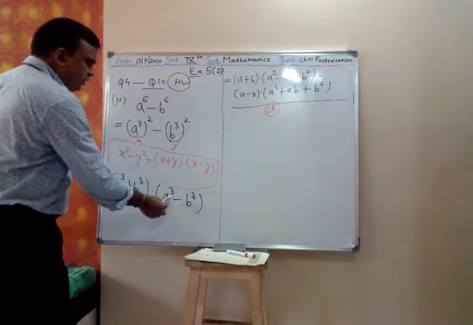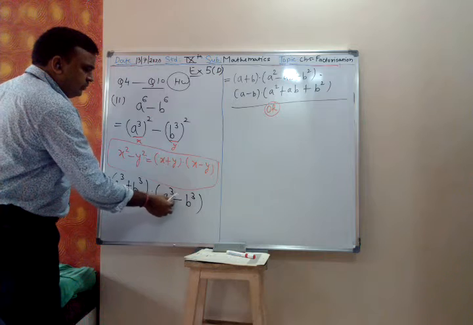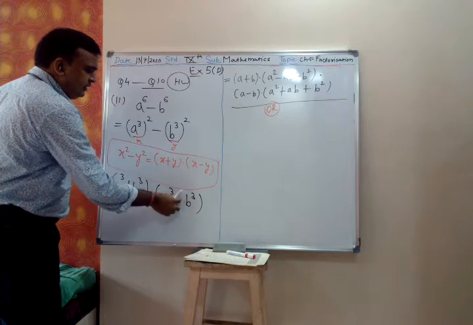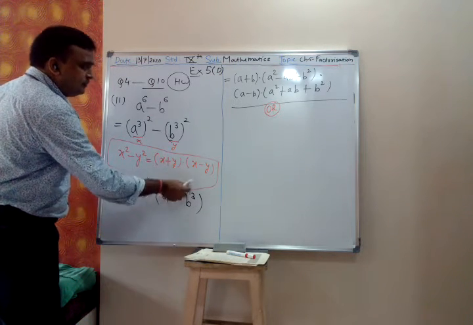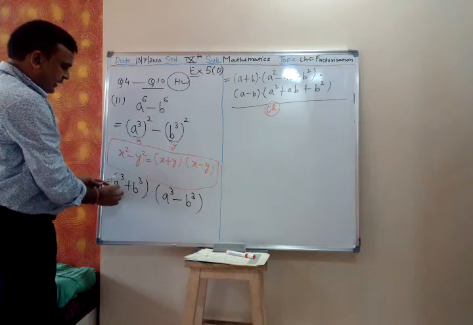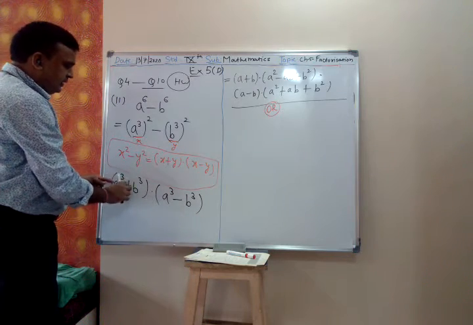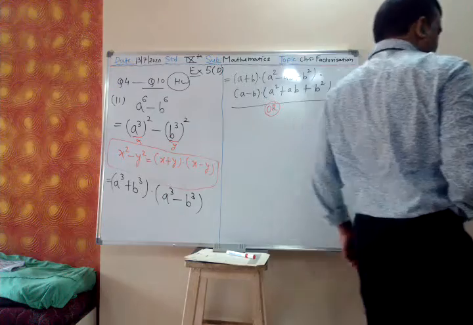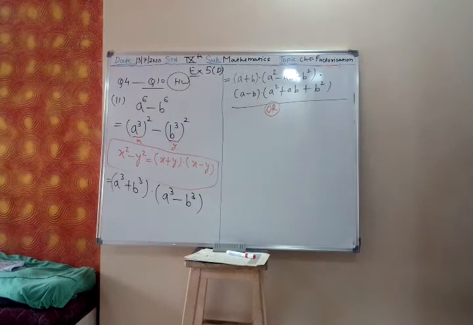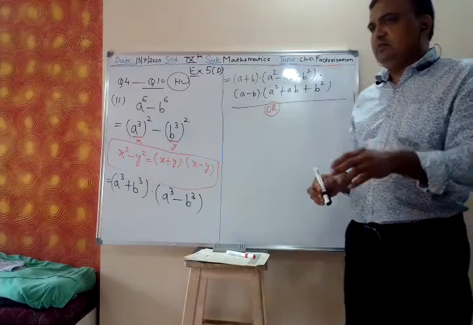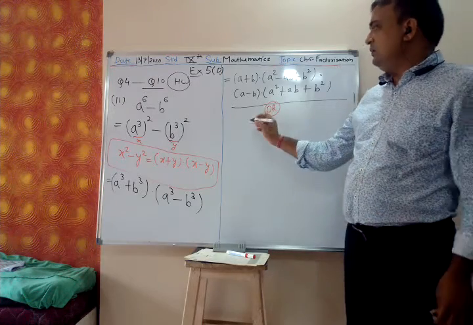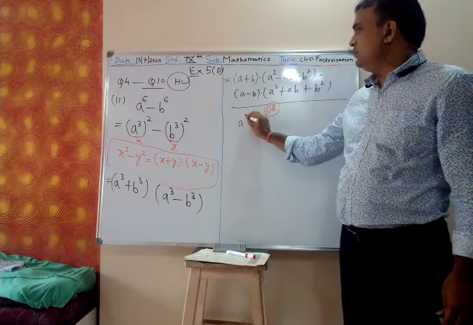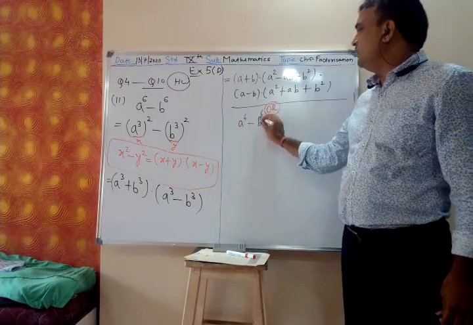See the formula. A cube minus B cube is A minus B into A square plus AB plus B square. And A cube plus B cube is A plus B into A square minus AB plus B square. If you want, let me do by another method, no problem. A raised to 6 minus B raised to 6.